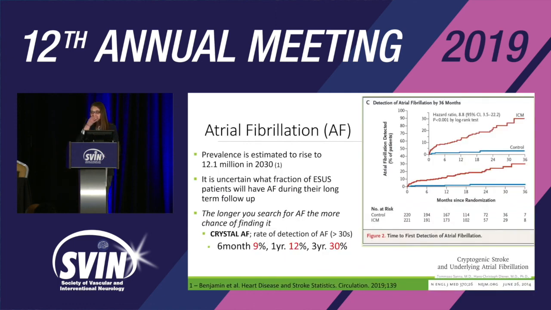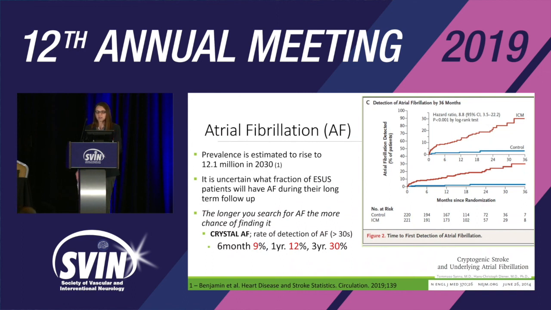Speaking of AFib, we know that AFib is a huge problem. It's unclear exactly how many ESUS patients will go on to have AFib, but we know that the longer you monitor for AFib, the more chance of finding it. This is from the CRYSTAL AF trial. They basically took cryptogenic ischemic stroke patients and inserted insertable cardiac monitors or loop recorders.